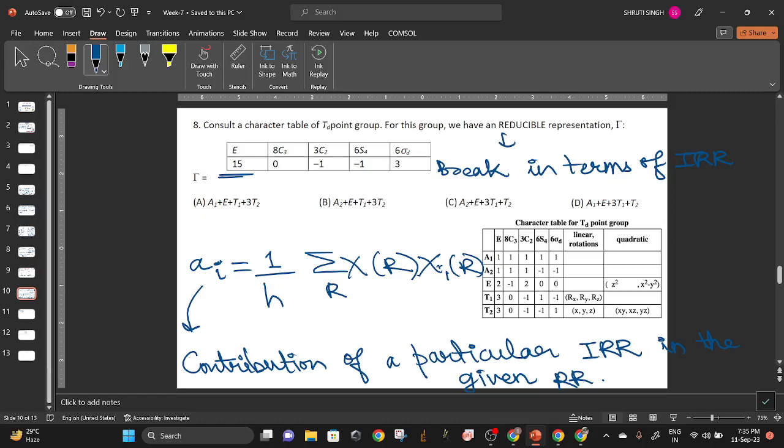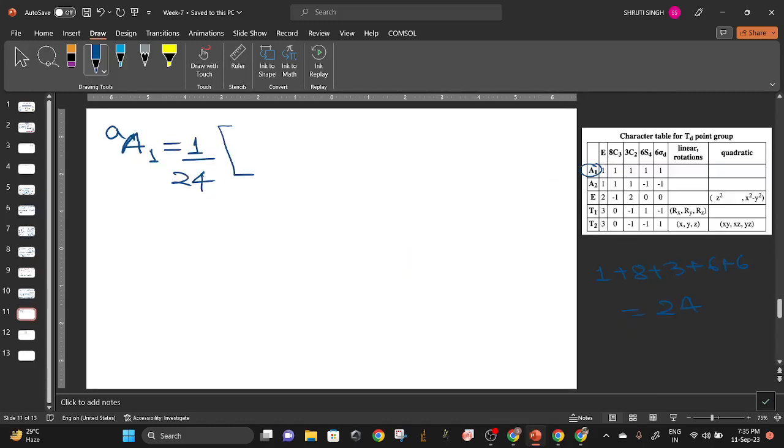It's basic math: instead of writing 1 plus 1 plus 1 plus 1, we can simply write 4 times 1. So summation can be written as multiplication. Here also, since there are 8 C3s, we multiply by 8. Otherwise we would have to write chi_R and chi_iR for C3 8 times.